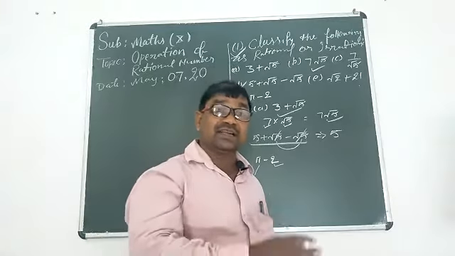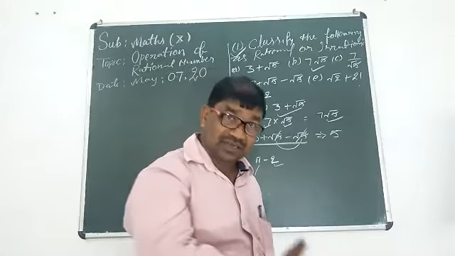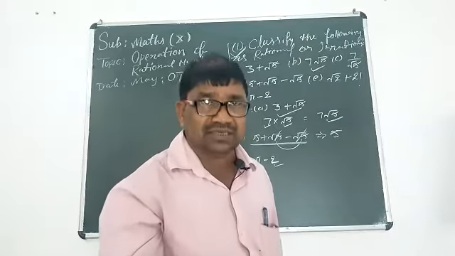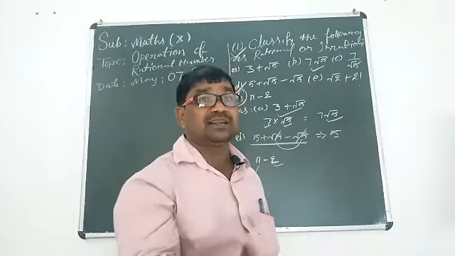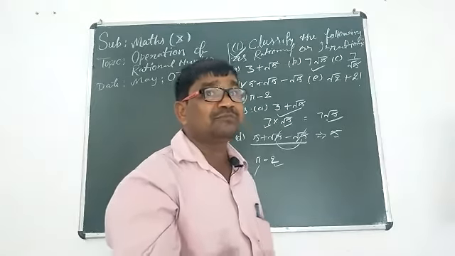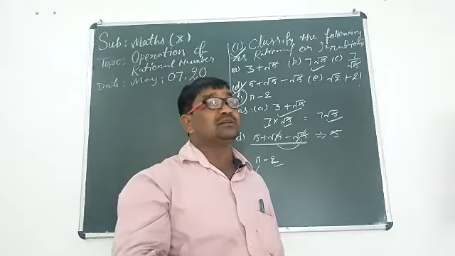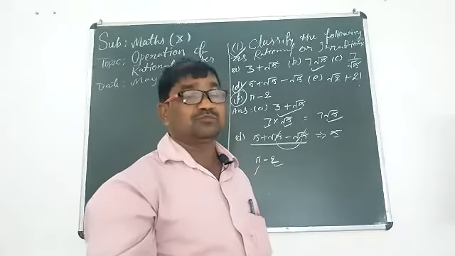Sum of rational and irrational is irrational, difference of rational and irrational is irrational, product of rational and irrational is irrational. Similarly, quotient of rational and irrational is also irrational.